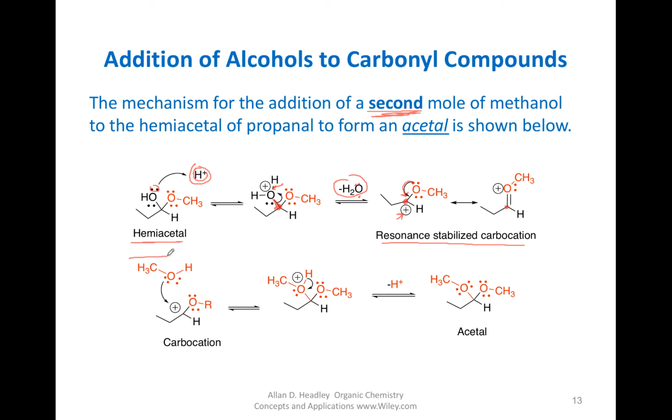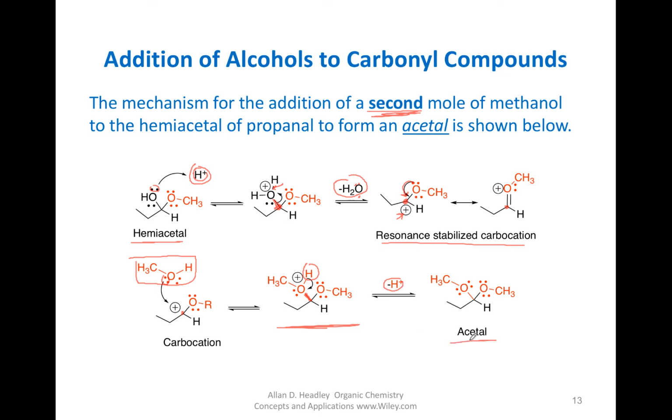So in the presence of another mole of methanol, these electrons can add to this carbon here, and here's that new bond. And of course, this is an intermediate. We can lose the proton here as shown, and here we have the acetal.